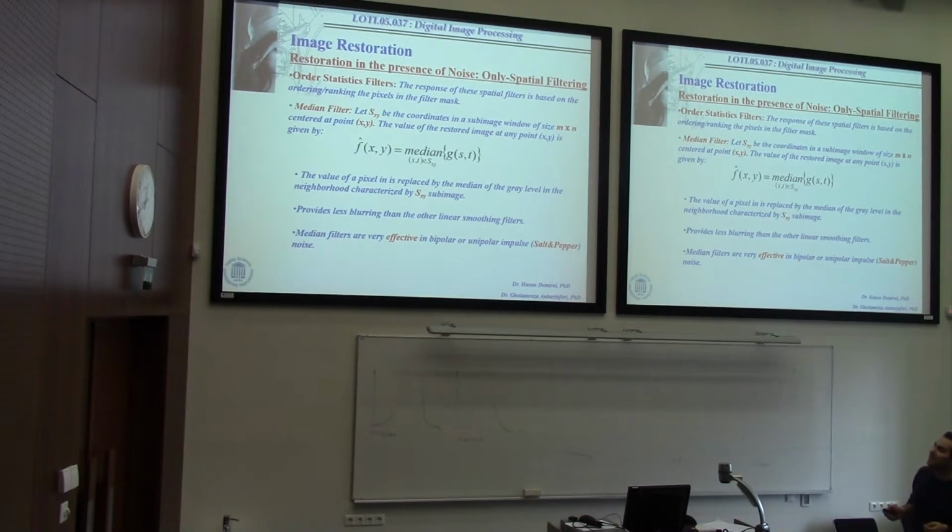The first is the median filter, which we can easily use to restore the image by using this equation or function, and it has more effect on bipolar and unipolar impulse, or salt and pepper noise. You see that we remove salt and pepper noise by using the counterharmonic filter, but when we use the median filter, we keep more details in our image and we just remove the noises.